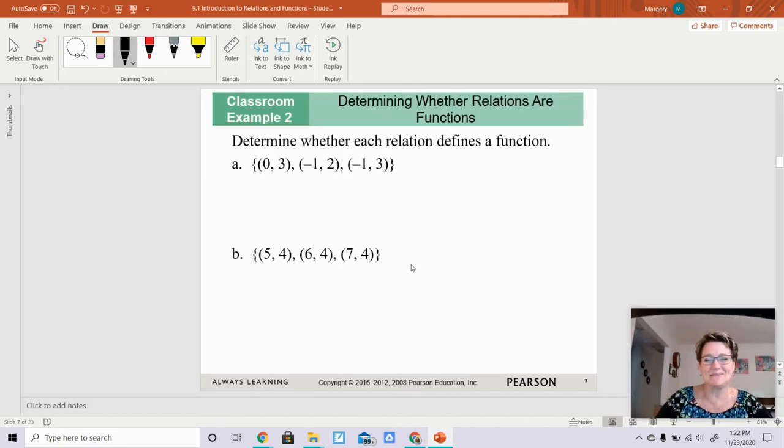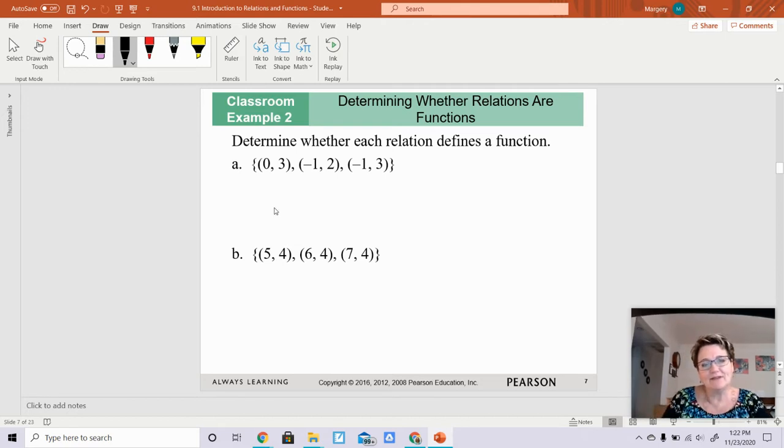All right, so let's do some problems. They give you a relation with 3 points for letter A. I don't care about the Y value, it does not even help me figure out if it's a function or not. I'm only looking at the X value, the first component of the point.